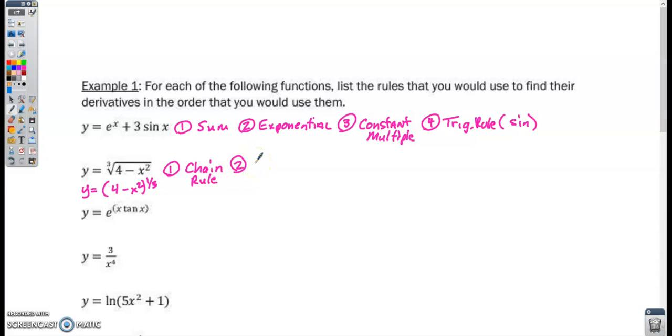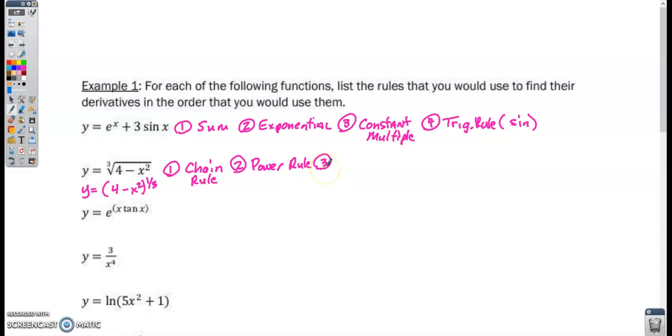And then as I apply the chain rule, there are different things that need to happen. When I use the chain rule, I'm taking the derivative of the outside, leaving the inside the same. That's the first thing I do, and that requires me to apply the power rule to take the derivative of the outside, leaving the inside the same.